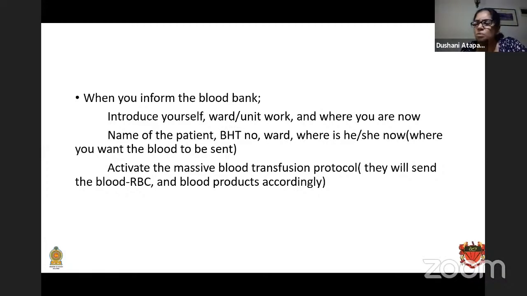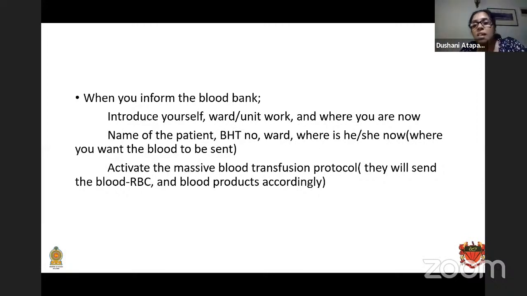So it's important to write this documentation clearly. Write all these numbers, then the ward, and tell them where the patient is now, because otherwise they will send the blood to the ward. So the patient is there bleeding in the labor room or in the theater. So it is your role to communicate to them that the patient is now in the theater, so send the blood to the theater, right?